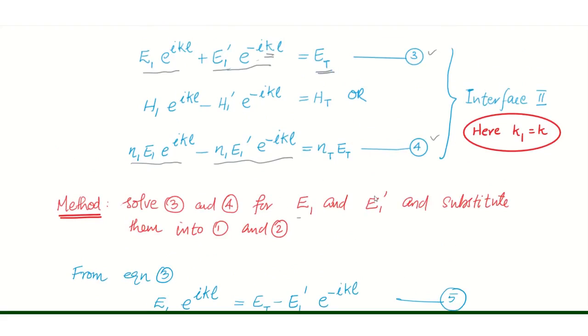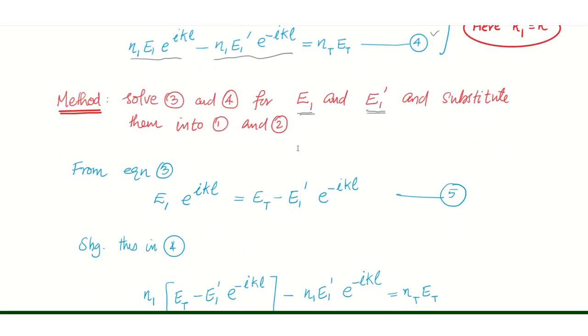I have written it in the note that I have uploaded. We can solve 3 and 4 for E1 and E1 prime. You can use any method. This is the one I use. Solve 3 and 4 for E1 and E1 prime and substitute them back into 1 and 2. Maybe you can do it the other way.